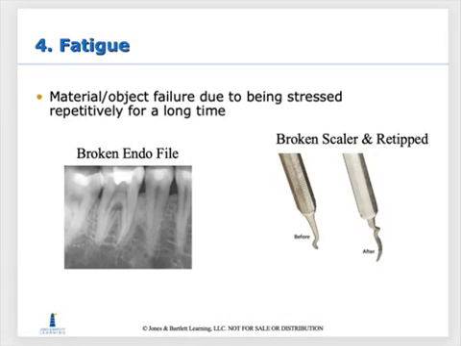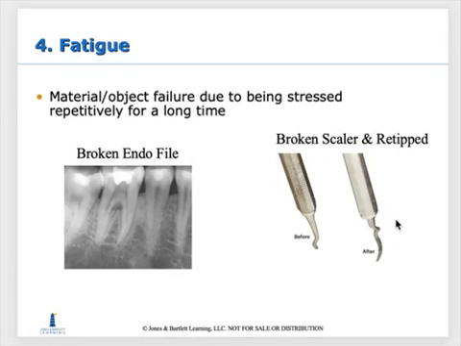And then we have fatigue. That is a material or object failure due to being stressed repeatedly. For instance, this was an attempt at a root canal, and an endo file goes down in there to try to clean that out. It was used, but it broke off because it got so stressed. This scaler here broke off, and this is just a side note: I've heard of some hygienists that have their instruments re-tipped.